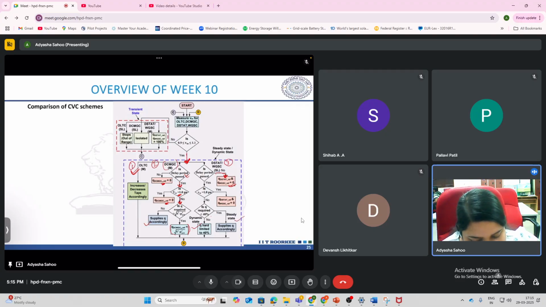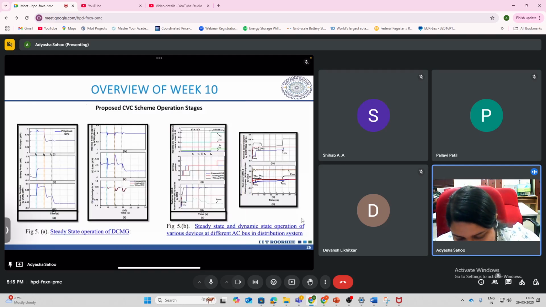If the Q required is greater than 40%, then it will be in dynamic state. If it is less than 40%, it will be in steady state. So this is the steady state operation here.